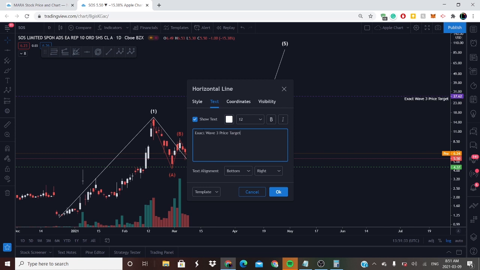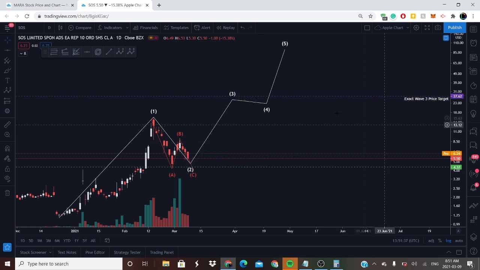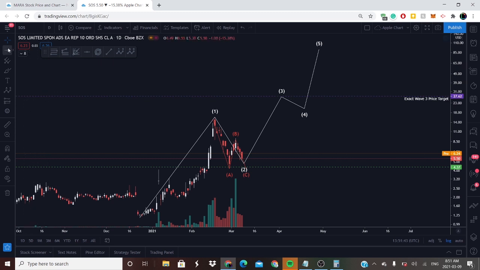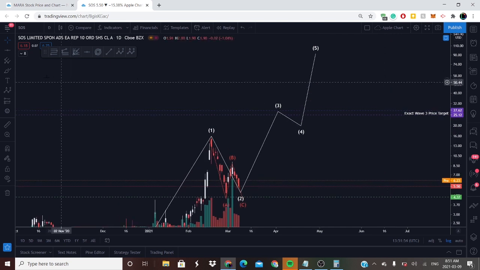Okay, my 2 other price targets, which I would prefer you guys trade, though this is like a textbook price target, I mean it's probably going to hit. I would say $25 and $30. So those are 2 psychological price targets.